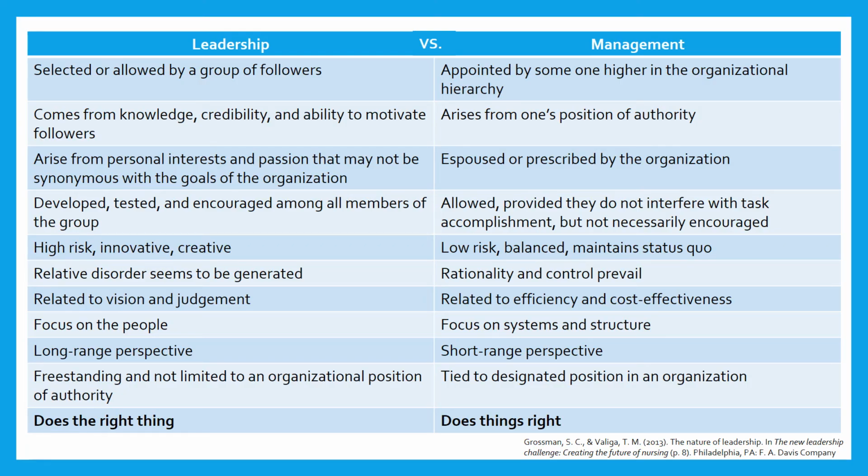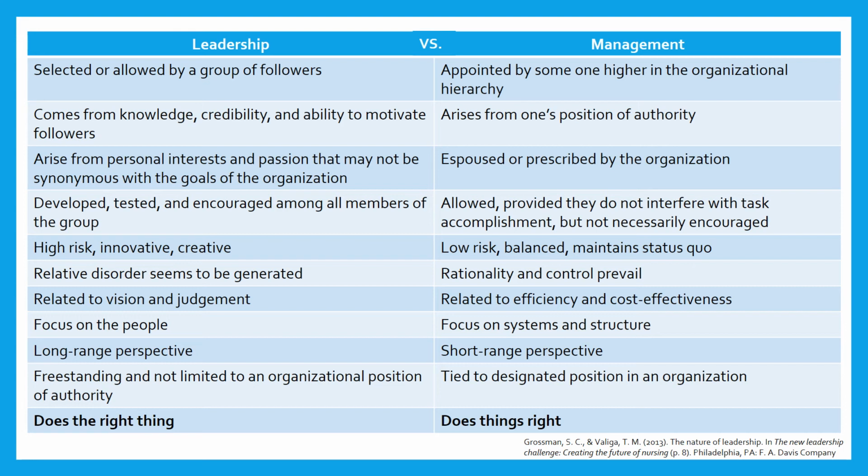A chart for leadership versus management. So these are some actions that you may see between the two that might be slightly different, or qualities that you may see. So again, leadership is basically someone who's innovative and creative on their own. Their motivation is self-directed, meaning that it comes from within themselves.